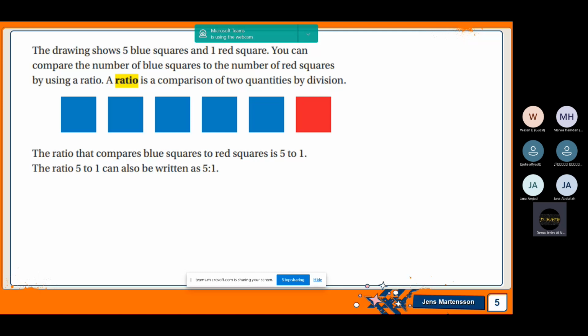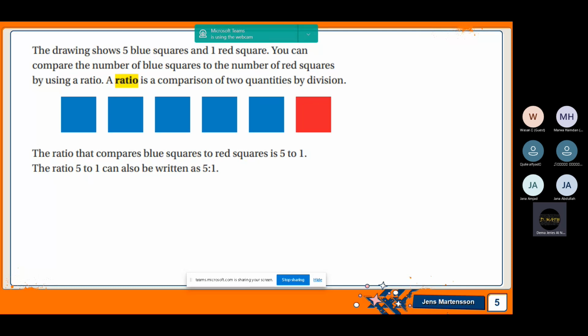If I ask you what is the ratio that represents the number of blue to the red? How many are blue? 5. 1, 2, 3, 4, 5. How many are red? 1.